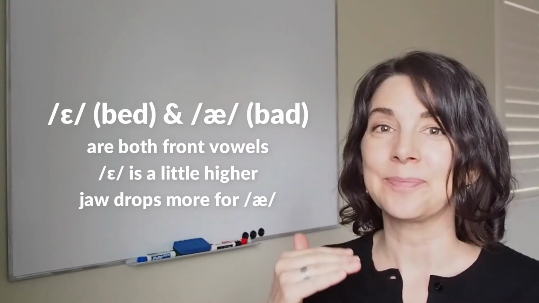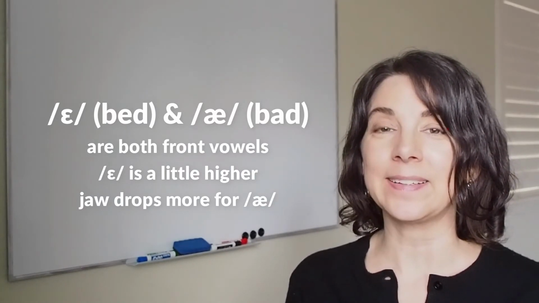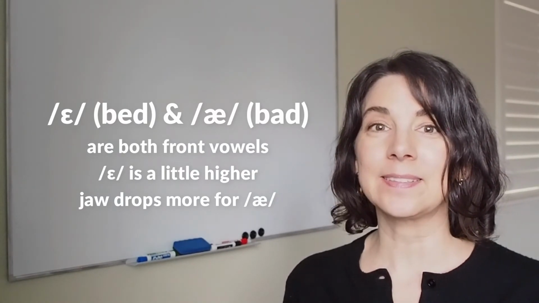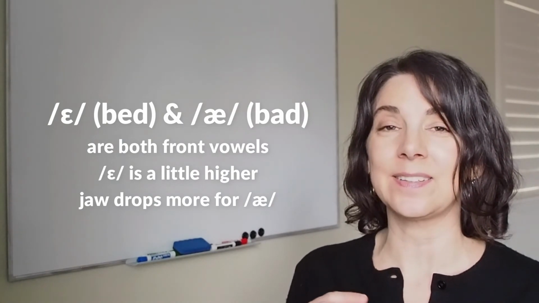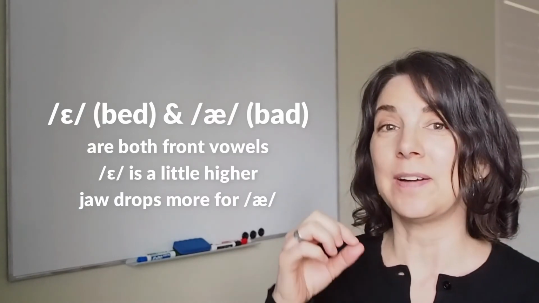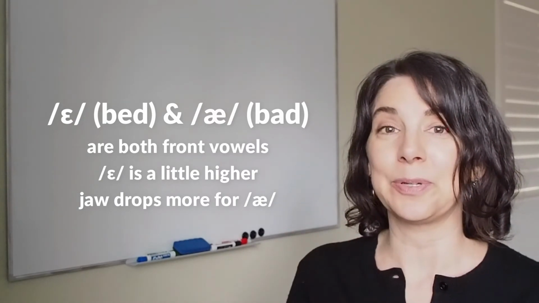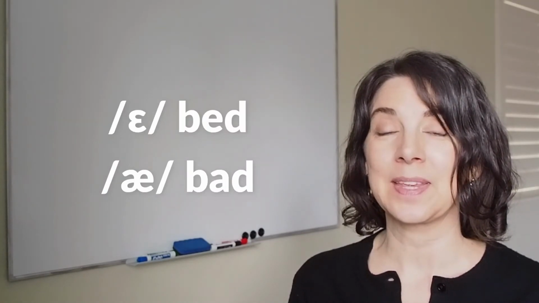So look at the difference. Bed, bad. Bet, bat. So the sound in bed is with the mouth just a little more closed, and then for the sound in bad, you have to lower your jaw a little bit more. So let's practice the difference between those two.